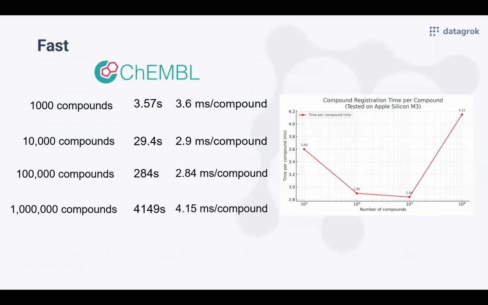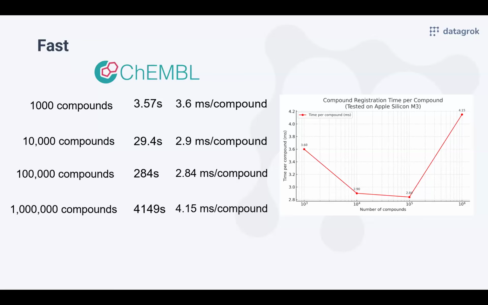So let's talk a little bit about numbers and benchmarks. Everyone understands how important speed is in our reality. Nobody wants to wait for days or weeks until something gets to their database. Here I'm sharing some numbers that we've measured by loading ChEMBL data containing different numbers of compounds.